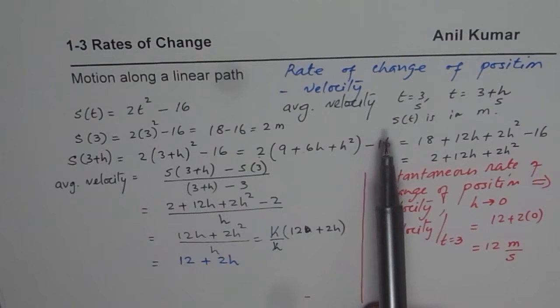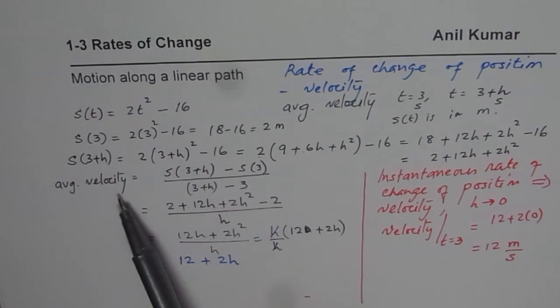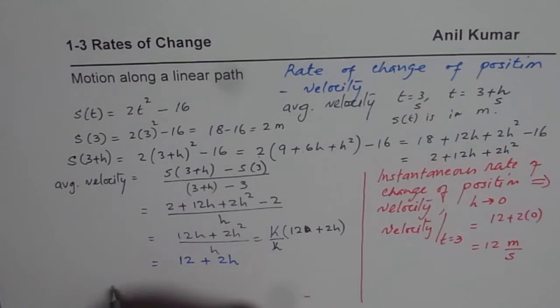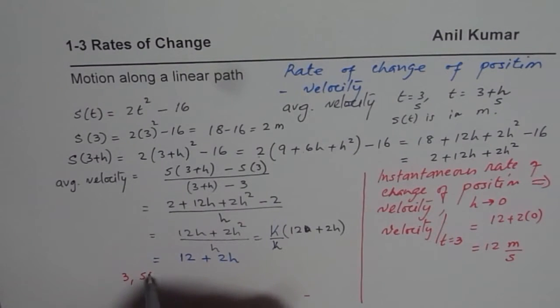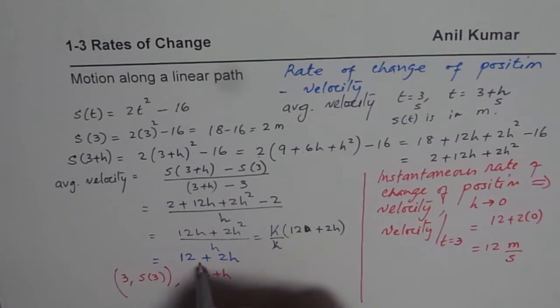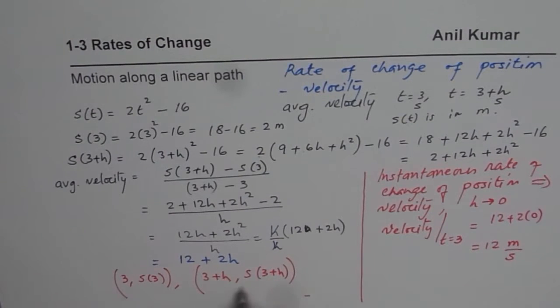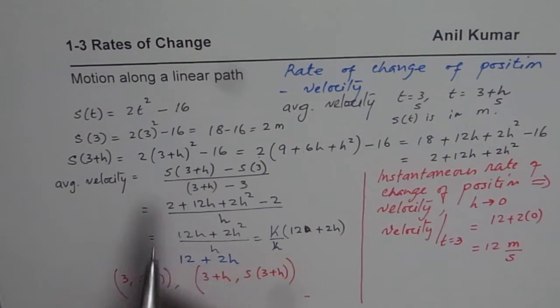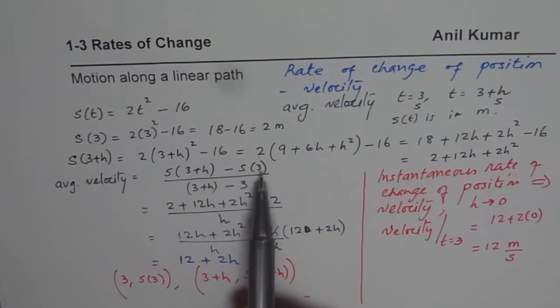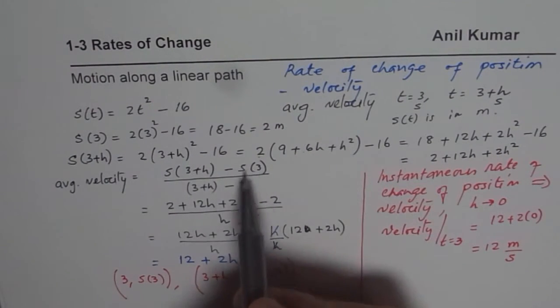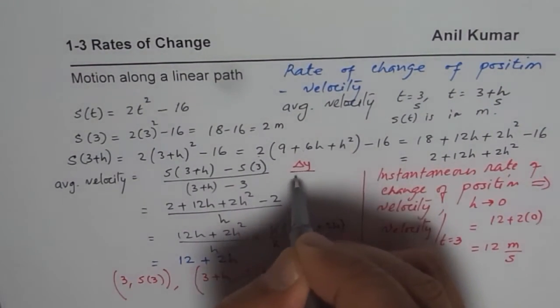Initially, we found average velocity, which means we are talking about 2 points. The first point is 3 and s of 3. The other point is 3 plus h and s of 3 plus h. When we consider these two distinct points, we find average velocity by the difference quotient: y2 minus y1 divided by x2 minus x1, which is delta y over delta x.